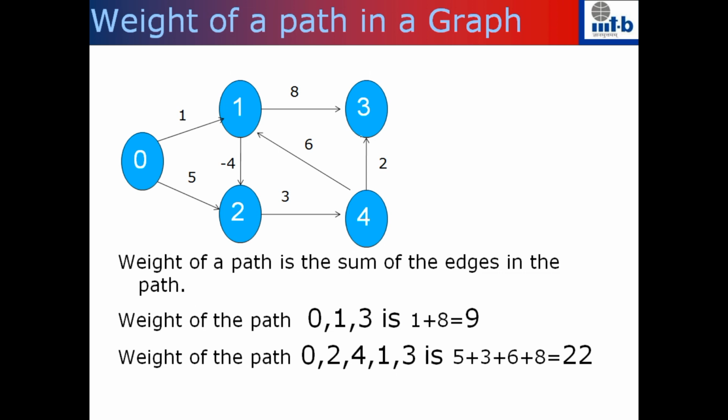The weight of the edge 0-1 is 1, and the weight of the edge 1-3 is 8. So the weight of the path 0, 1, 3 is 1 plus 8, which is 9. Similarly, you can find the weight of the path 0, 2, 4, 1, 3. The weights of the edges are 2, 3, 6 and 8 respectively. If you sum them up, you get 22. So the weight of a path is the sum of the weights of the edges in the path.